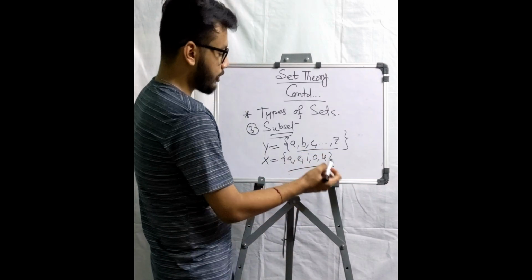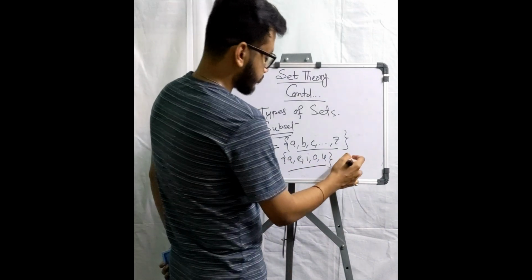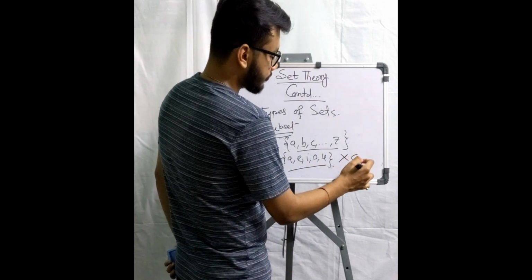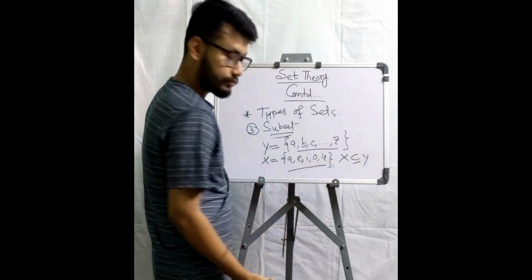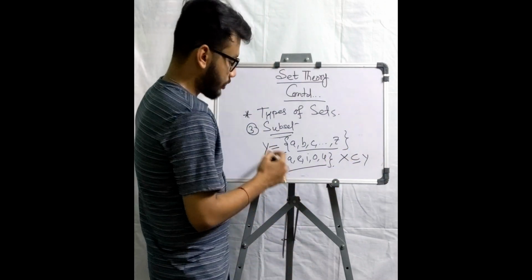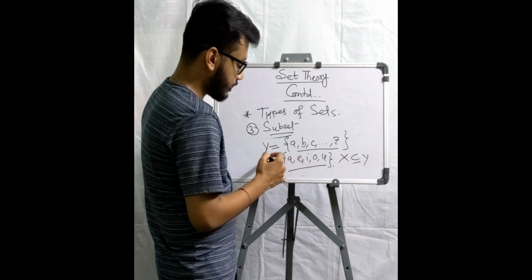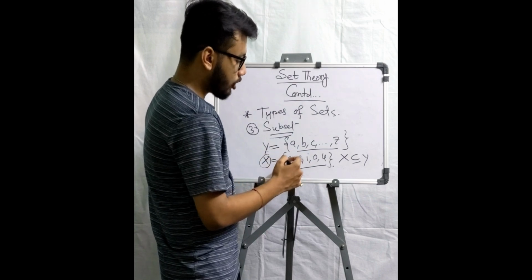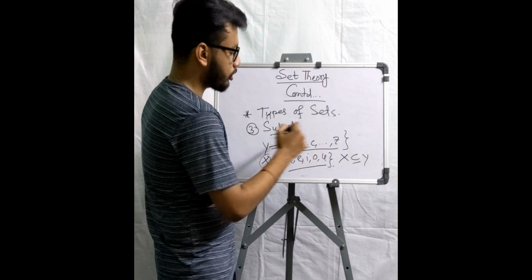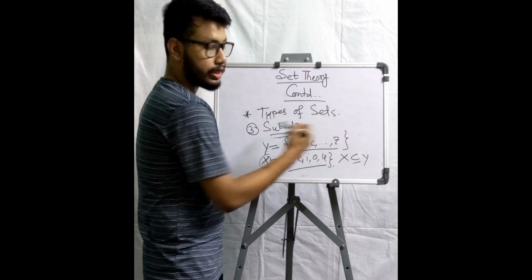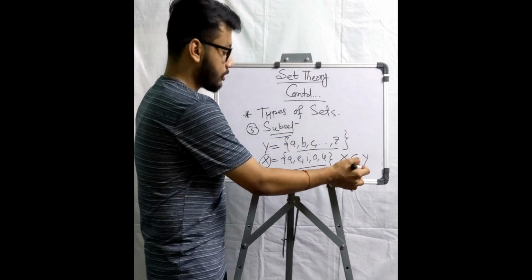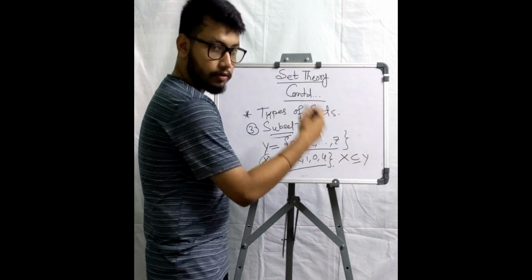Then we can say that X is a subset of Y, because all the elements of set X are present in set Y. Therefore, X is a subset of Y.